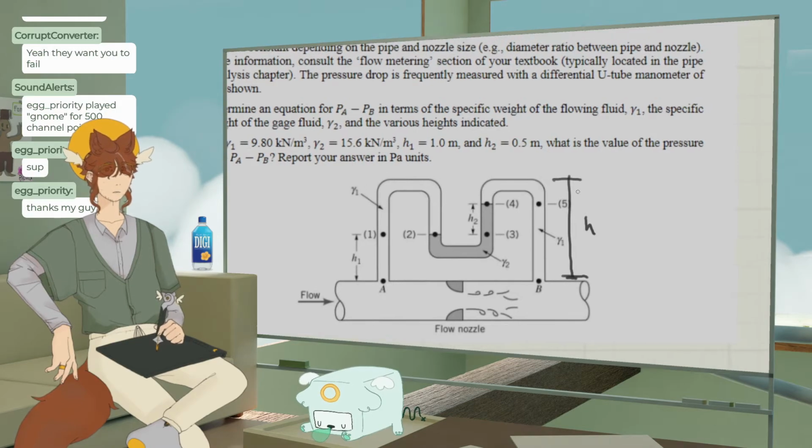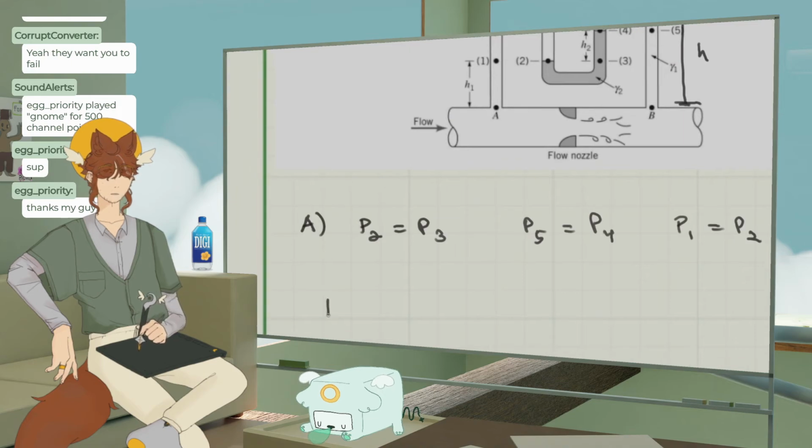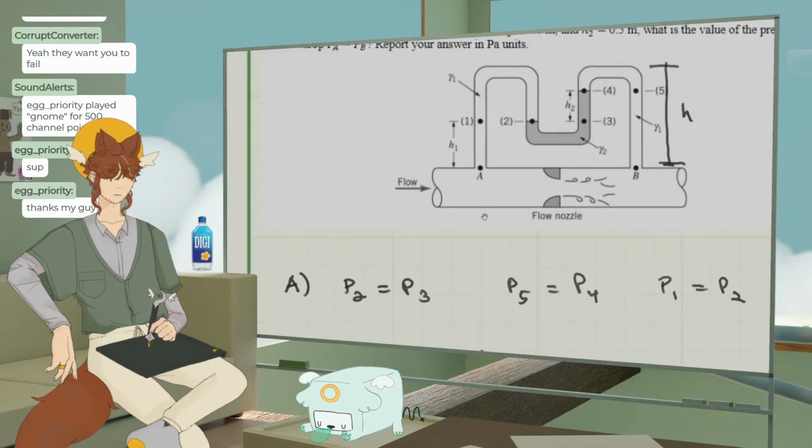Okay, so this pressure... Okay, I'm gonna use it as a dummy variable. So P1 is gonna equal the specific gravity of 1 times H minus H1. Right, so that's how much liquid is pushing down here.